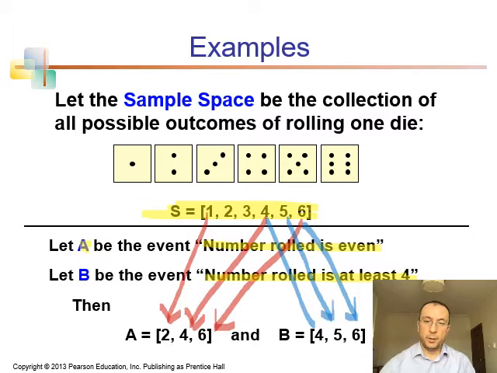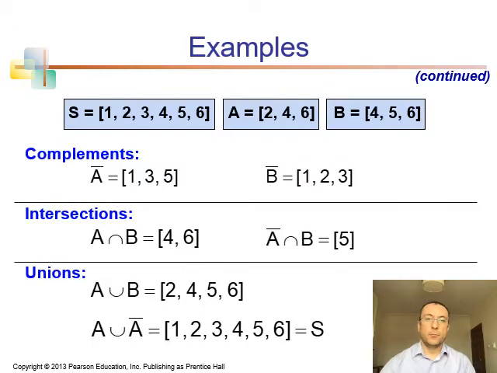So that will be event B. Now, we defined event A, the even numbers 2, 4, 6. And we defined event B, any number that's higher than or equal to 4. That's 4, 5, 6. So the complement of A will be anything in the sample space that doesn't belong to A. So this could be 1, 3, or 5.